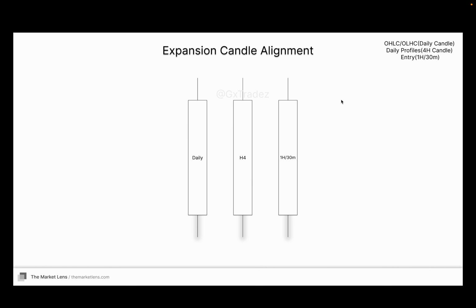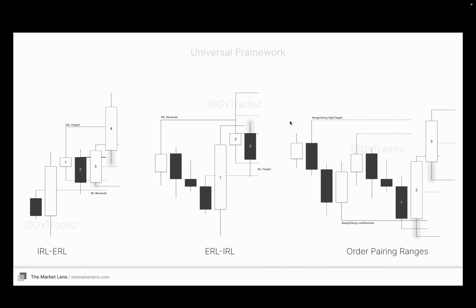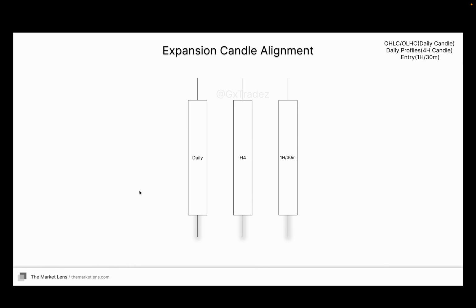So what is the goal of GxT? It's essentially to align expansion candles in one direction. Just like I showed you here, from these key levels, I'm trying to align multiple expansion candles away from that key level, away from the low of the day. So the low of the day is going to be put in from some sort of key level, right?